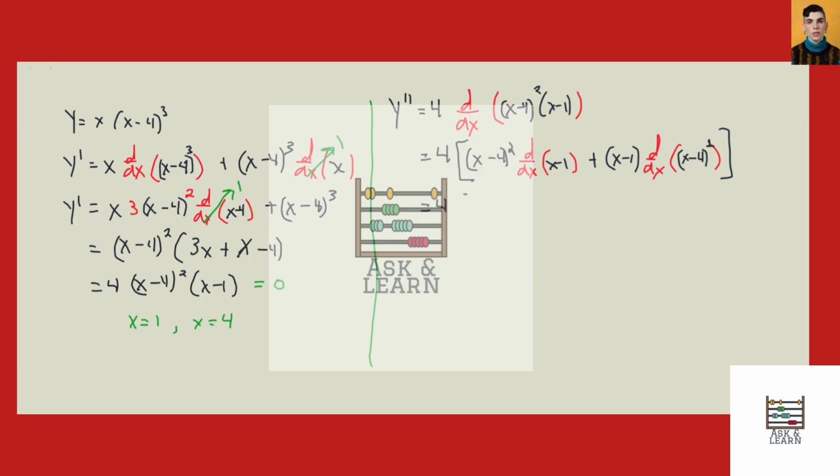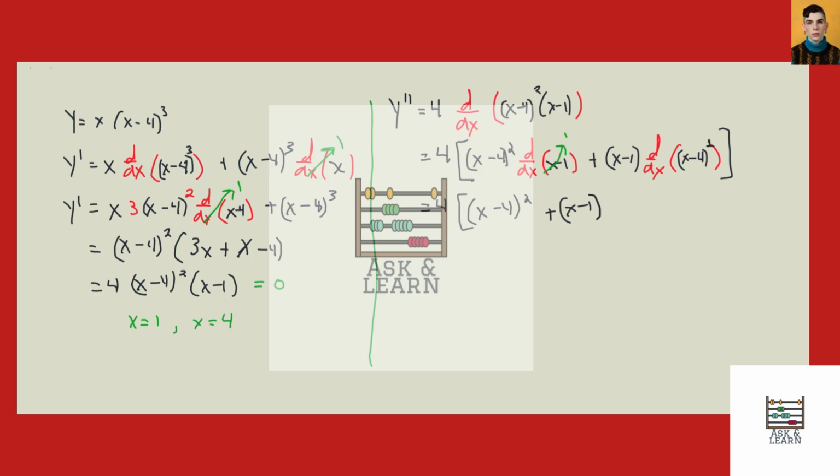All right, so we get (x minus 4) squared. So just like before, the derivative of x minus 1 is just going to be 1.